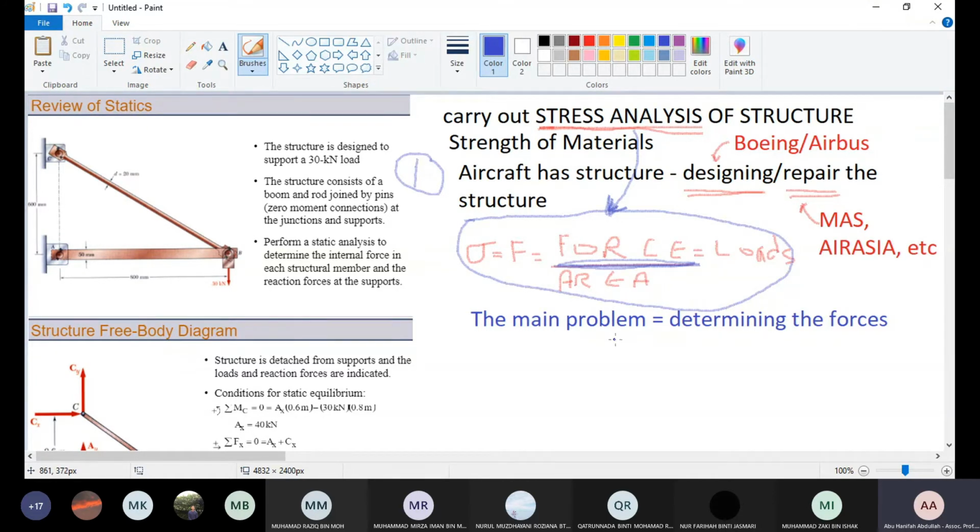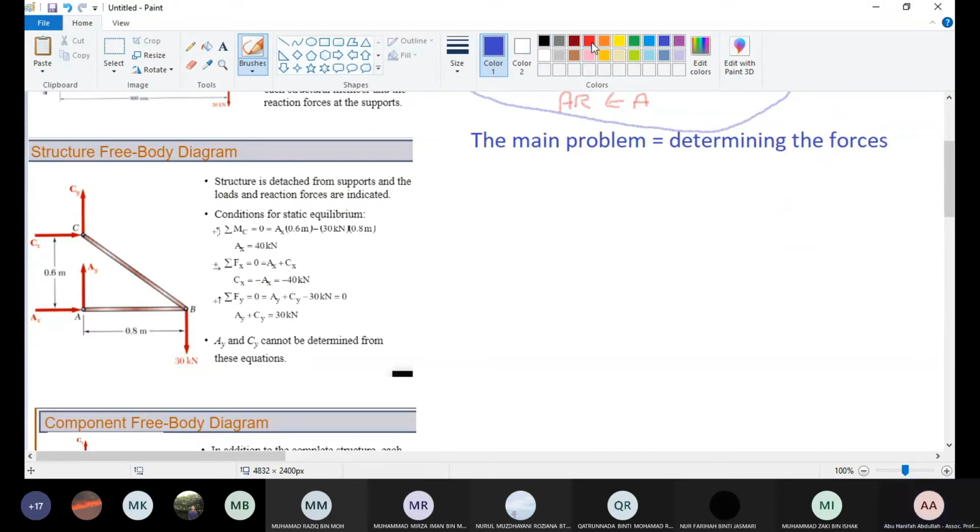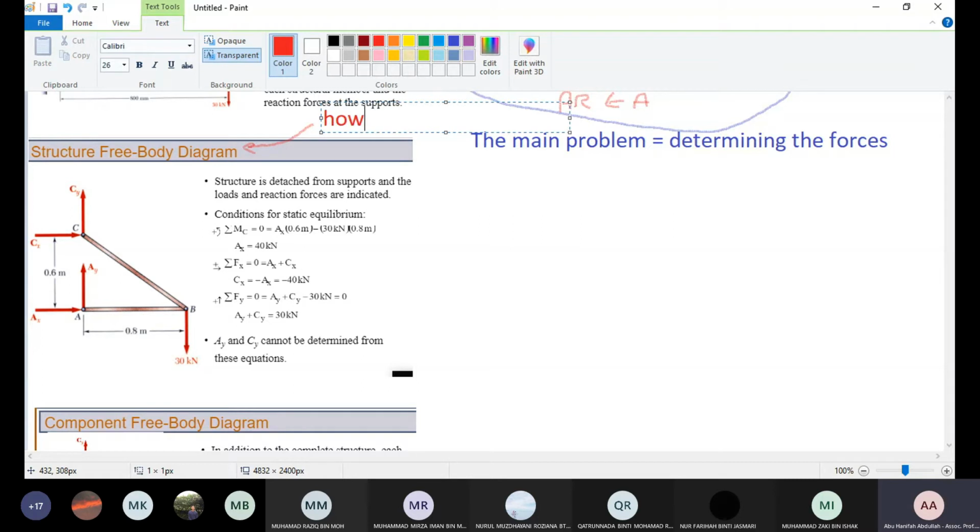Okay, second part. Now we got the second problem. The problem is how to get the force. The problem is how to determine the forces or the loads.